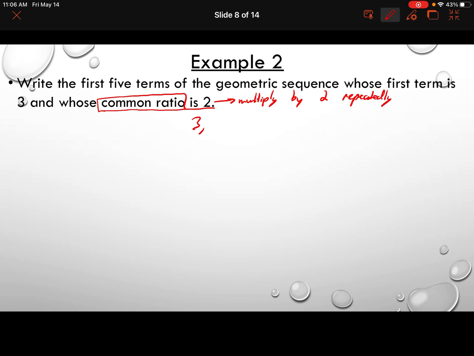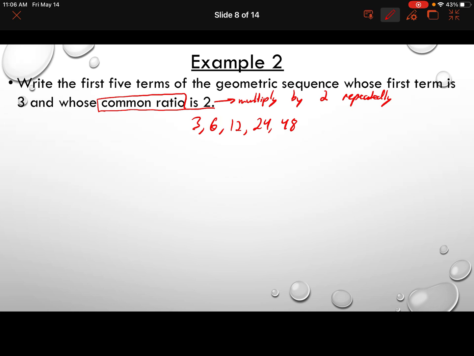So if our first term is 3 and our common ratio is 2, our next term is 6. And then we keep on going from there. So 3, 6, 12, 24, 48. That would be the first 5 terms of a geometric sequence whose first term is 3 and whose common ratio is 2.